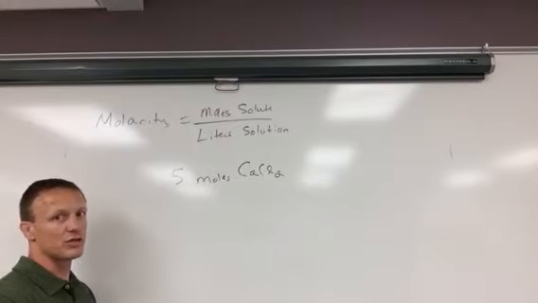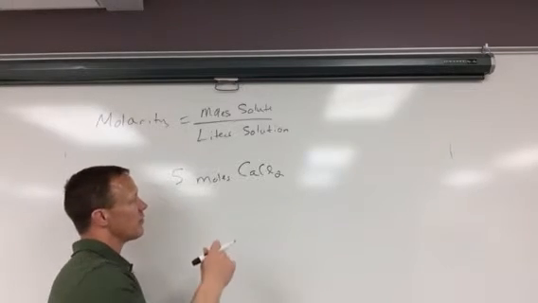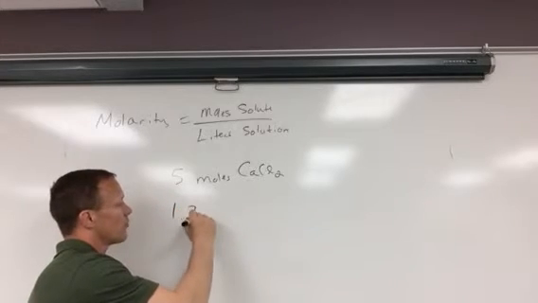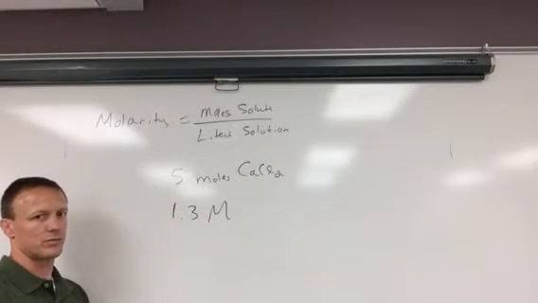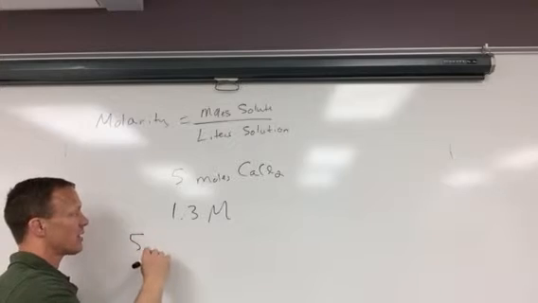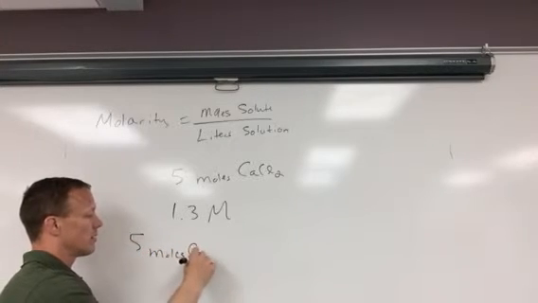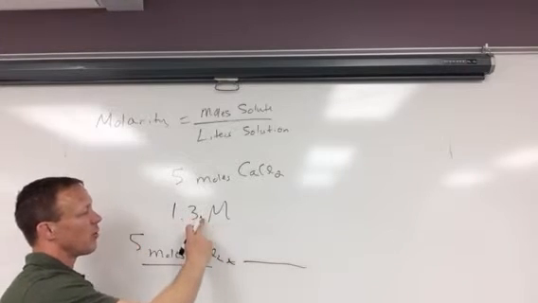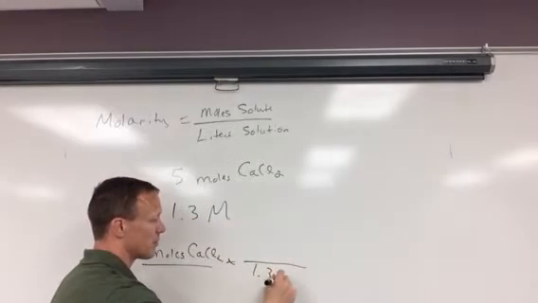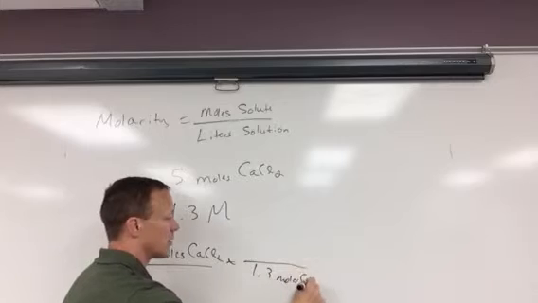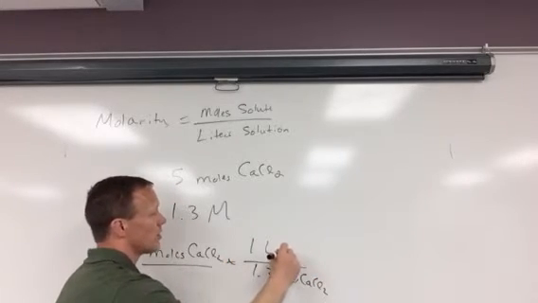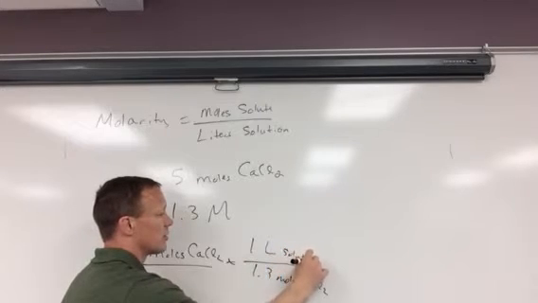I want to know how many liters of solution it would take if I give you a 1.3 molar solution. So I can put my molarity in like this. I can say that for every 1.3 moles of calcium chloride, there is 1 liter of solution.